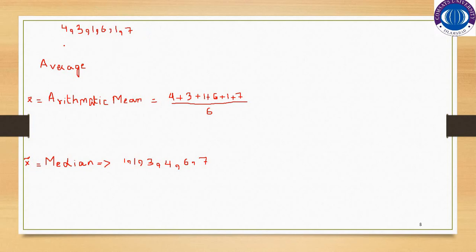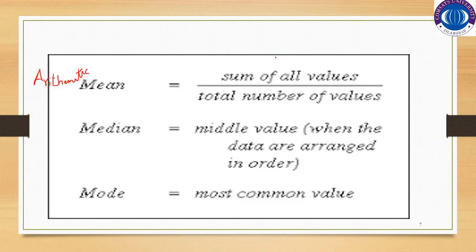So you have basically 3 measures of central tendency which are frequently used, which are average, which is arithmetic mean, median and mode. At the very first step we will find out the arithmetic mean. So as you know, the arithmetic mean is found by the sum of all values divided by the total number of values.